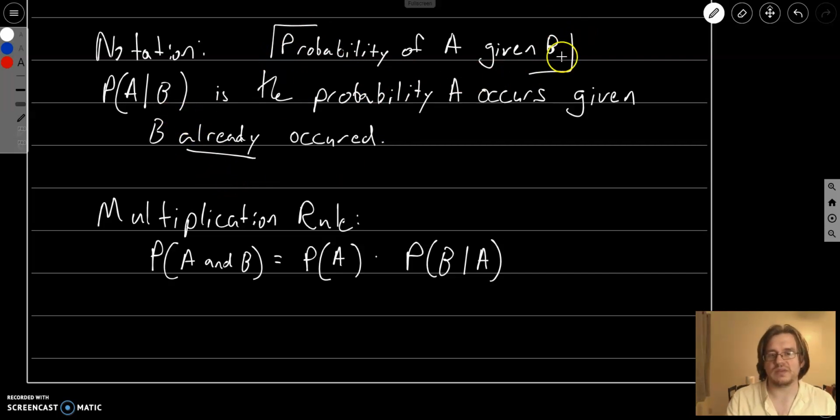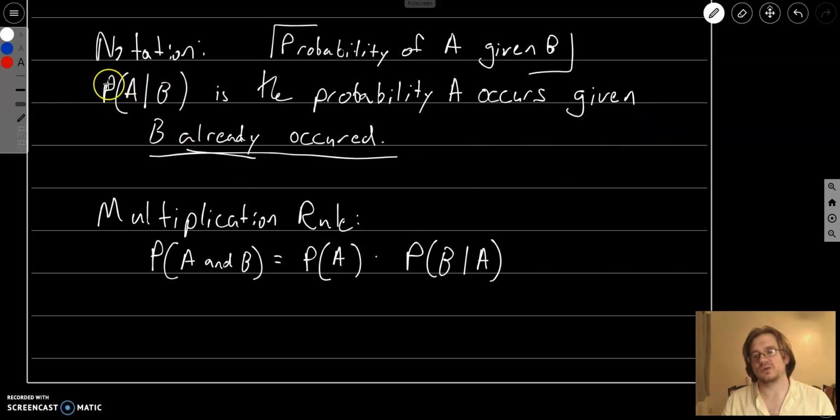And what it means is, when I say A given B, I mean, what's the probability that A happens if we already know that B happened? If we're told we flipped a heads on the first coin flip, what's the probability that we flip another heads?